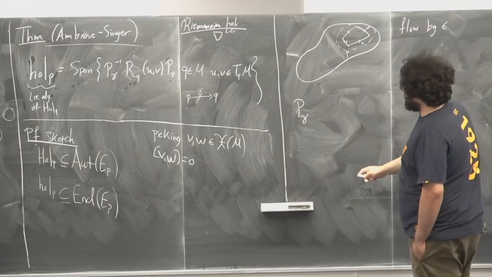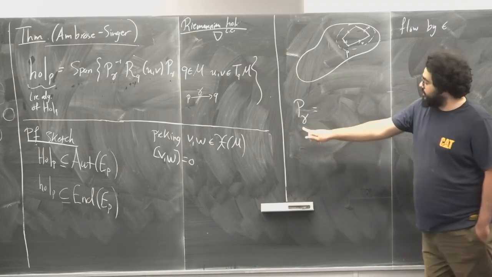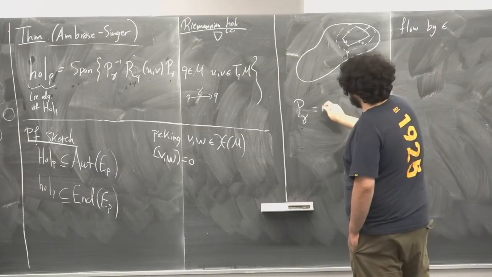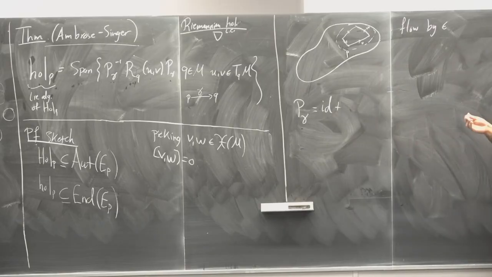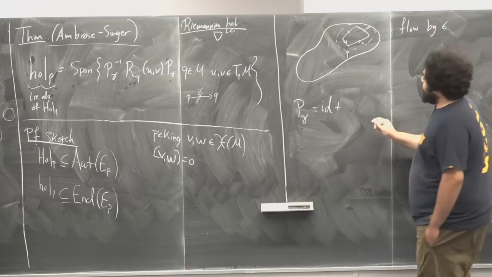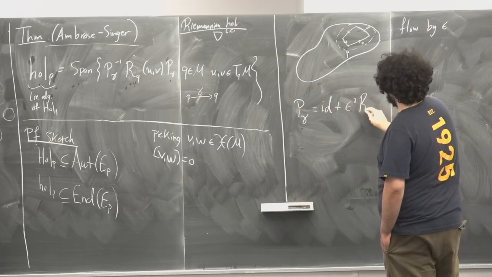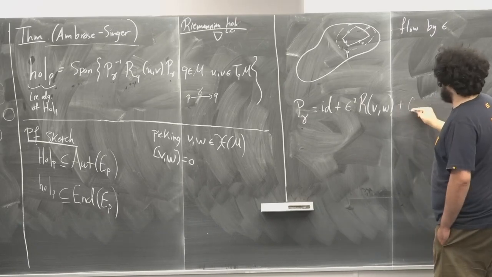And once you do that, you find that these holonomies look like they have to be the identity to first degree in epsilon, and then you get epsilon squared R(V,W), and then higher order terms in epsilon.